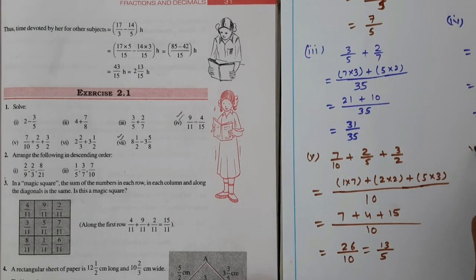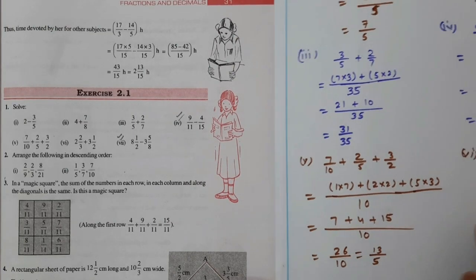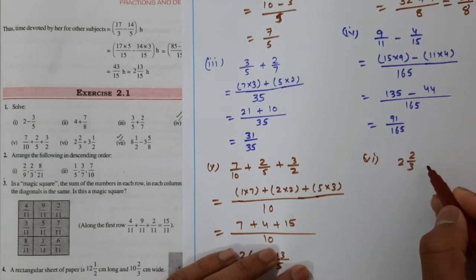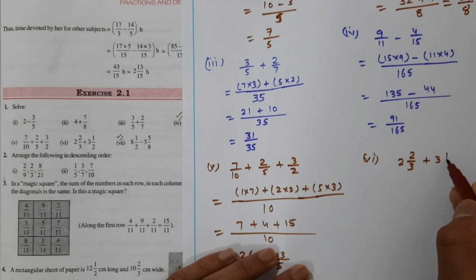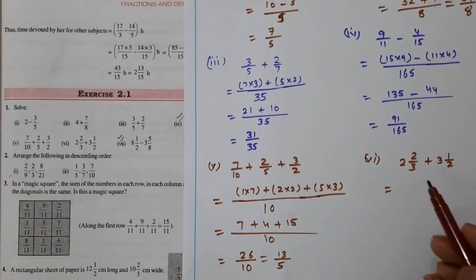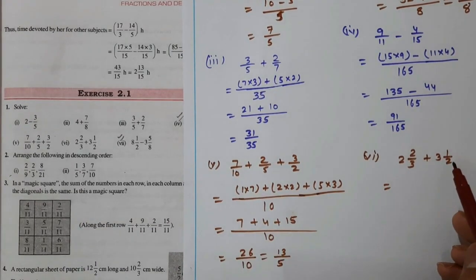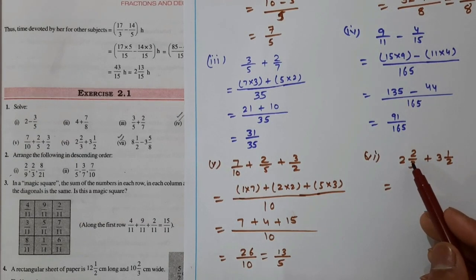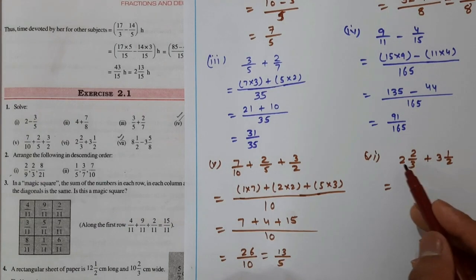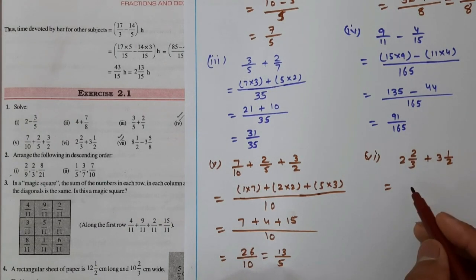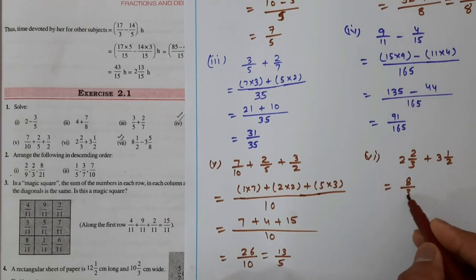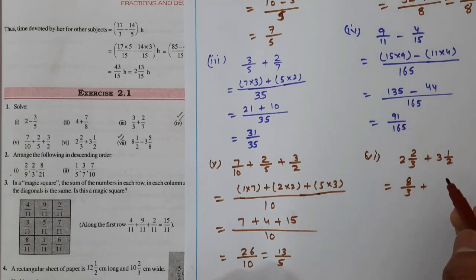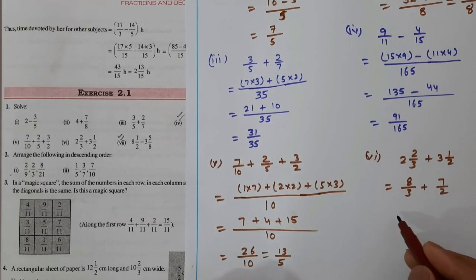Now Roman number 6. Roman number 6 is 2 and 2 upon 3 plus 3 and 1 upon 2. So firstly we have to convert into improper fractions. So 3 into 2 is 6. 6 plus 2 is 8 upon 3, plus 2 into 3, 6. 6 plus 1, 7 upon 2.